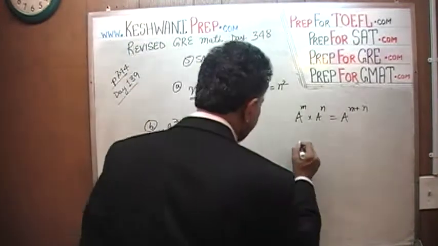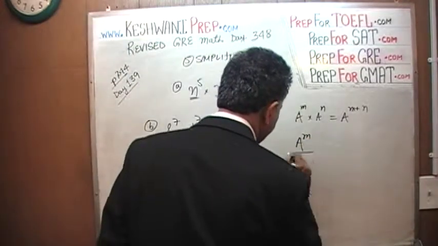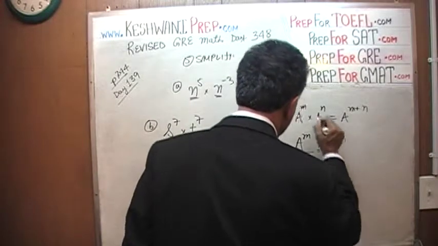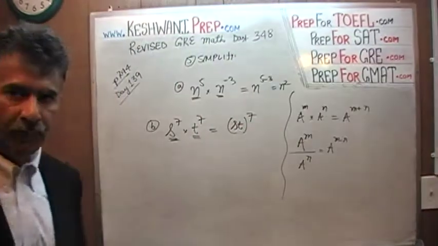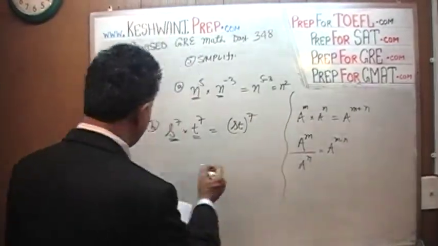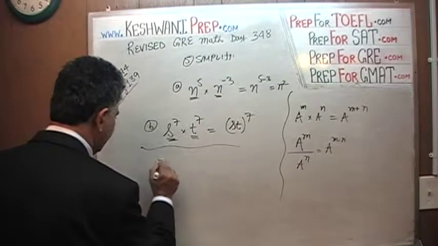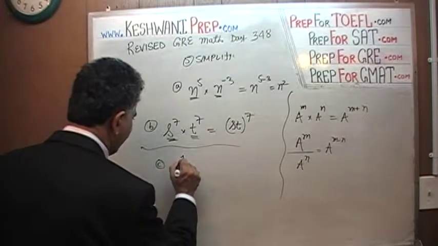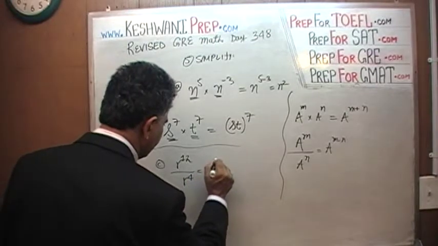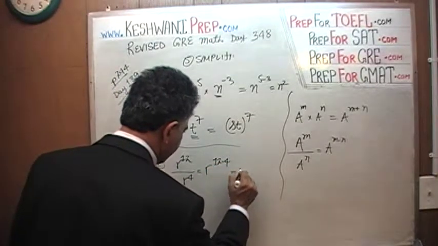But if they're being divided, a raised to m divided by a raised to n is simply a raised to m minus n. I just said a little while ago I wasn't going to explain anything, but there we go again. We're dividing here, so we subtract the exponents. So C is r raised to 12 over r raised to 4, which is the same as r raised to 12 minus 4, which is r raised to 8.